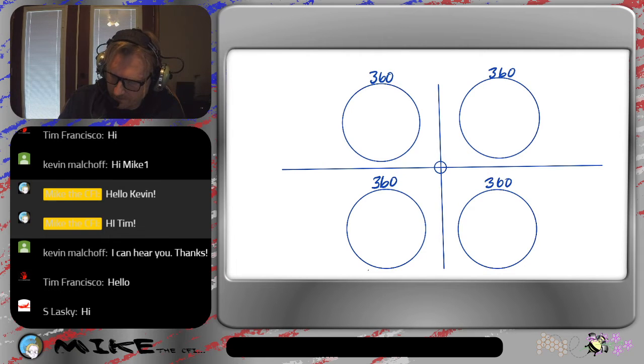If you're on this half of the station up here, then you're going to see a from indication. If you're on this half of the station down here, you're going to see a to indication.